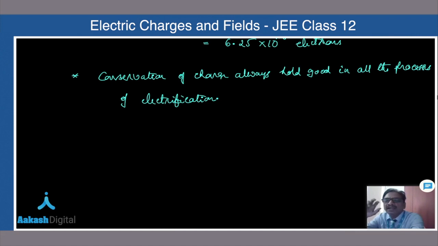So what is the magnitude of the charge on each? The magnitude of charge on each is the same, but the glass rod has plus Q and the silk cloth has minus Q. Once again, what is the total charge?